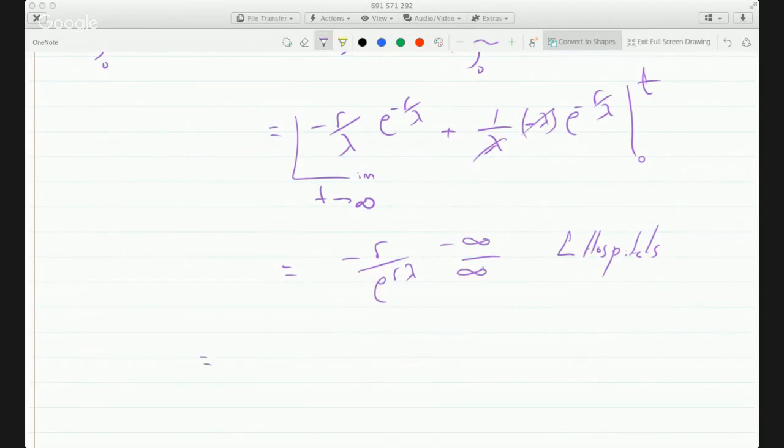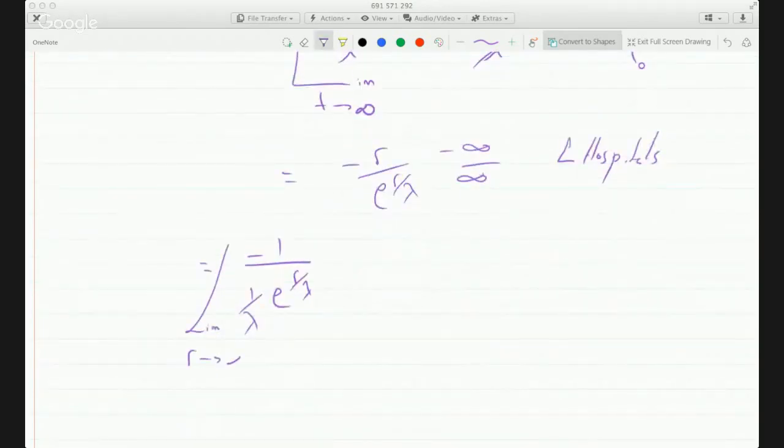On the first one, we would get minus 1 over lambda e to the r over lambda, and at 0 it's going to go away because r is 0. We take the limit as r goes to infinity, and this is clearly 0.